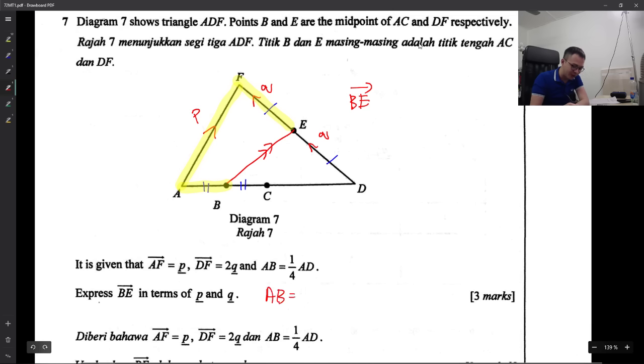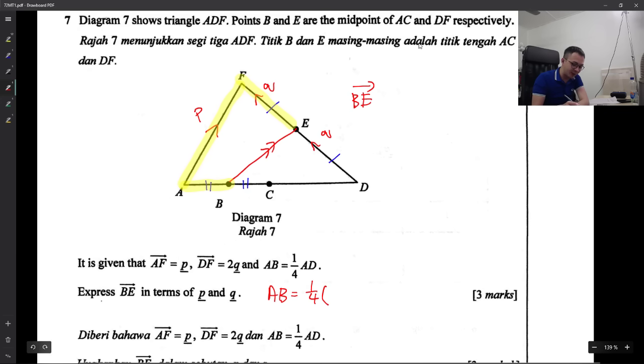AB equals 1 over 4 of AD, right? AD is quite simple, right? 1 over 4 AD. AD will be AF plus FD, right? So it will be P minus 2Q. So I multiply 1 over 4, I got AB first. So my AB is 1 over 4 P minus 1 over 2 Q.